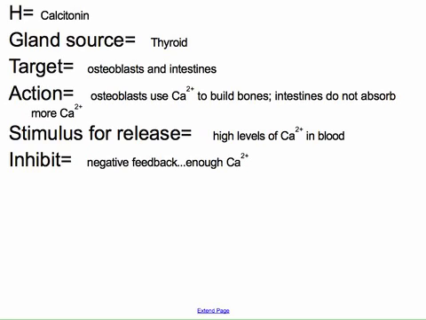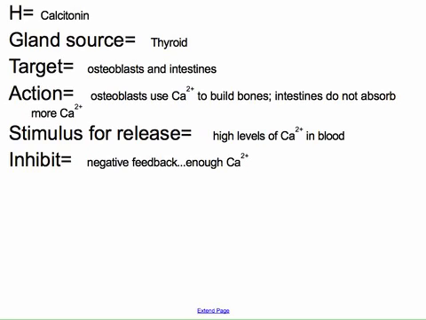I want to store that calcium for later. The other thing is that your intestines are targeted because if you have high levels of calcium in the blood, you don't need any more, and so it turns your intestines off from absorbing the calcium. Again, we have another negative feedback mechanism going on.